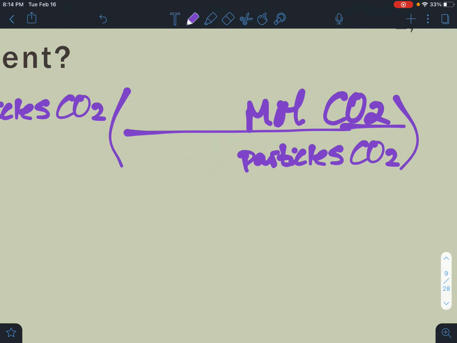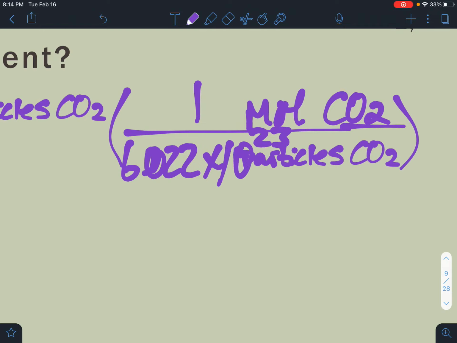So we can plug our numbers in. 1 is next to the unit mole. And then 6.022 times 10 to the 23rd particles of CO2 is in the denominator.